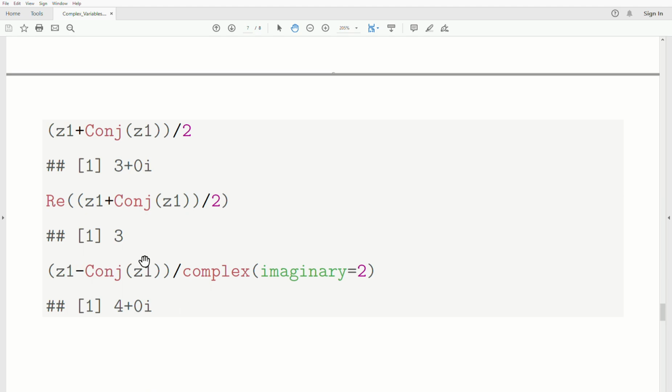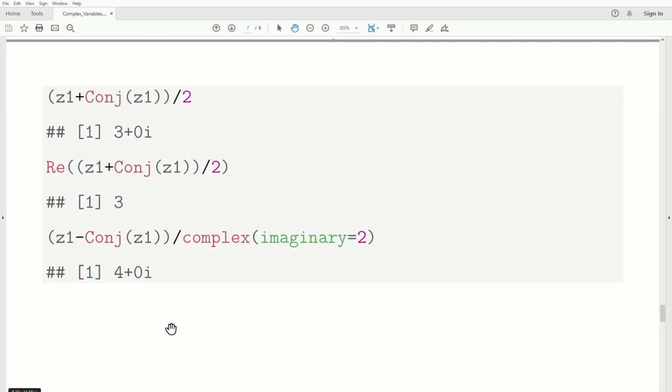And here is the formula for the imaginary component of a complex number. Notice I'm dividing by 2i, the complex imaginary equal 2. So this is 2i. And this is Z1 minus the conjugate of Z1, which is 4. It's the real number 4, which is the imaginary component of Z1.